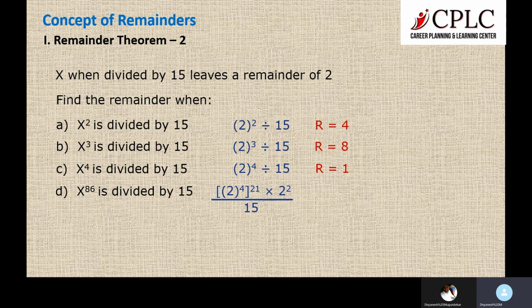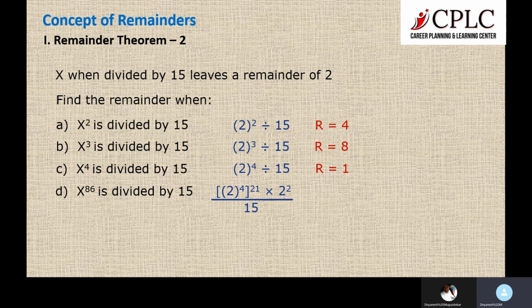In simpler words, in this particular question, we are going to figure out which power of 2 when divided by 15 will give us the remainder either plus 1 or minus 1. Both will work. And if you observe, just now in the third question we had seen that 2 raised to 4 divided by 15 gave us the remainder as positive 1.